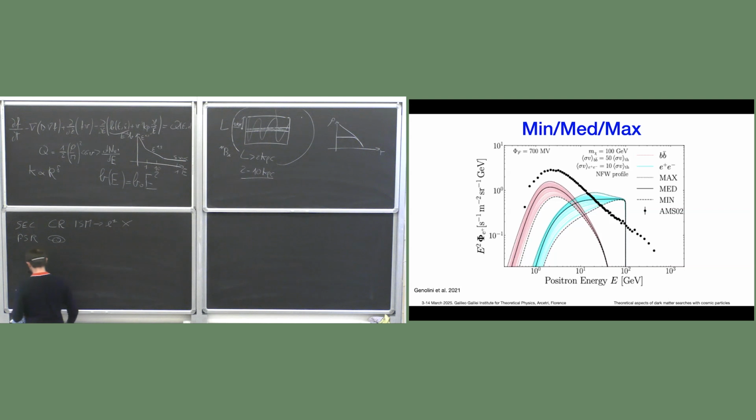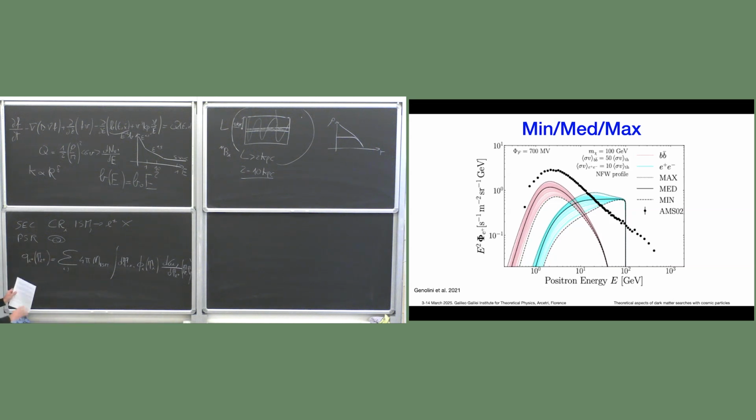So let's focus on secondary production. For secondary production, we have to evaluate a source term that is the sum over i and j, where i and j are the cosmic ray and interstellar medium atom species, times 4 pi, the density of interstellar medium atoms, and the integral in the kinetic energy of the cosmic ray flux, and then the differential cross-section for the collision between the cosmic ray and the atom of the interstellar medium.